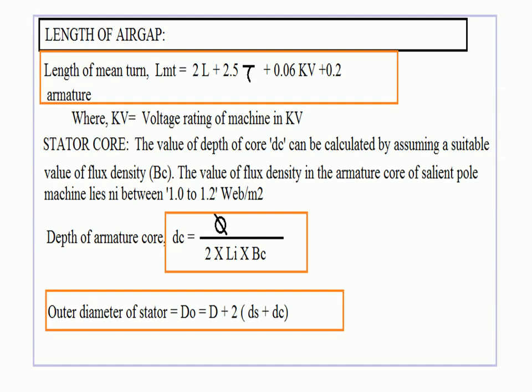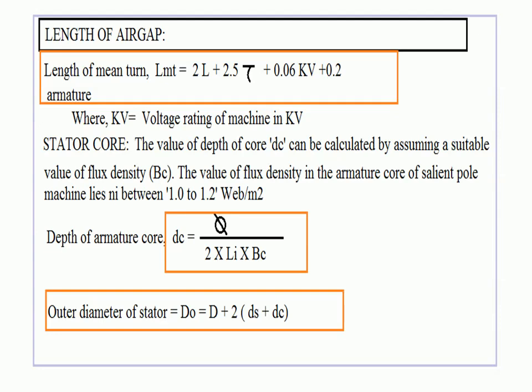For the stator core, the value of depth of core, abbreviated Dc, may be calculated by assuming a suitable value of flux density in the core, referred to as Bc. The value of flux density in the armature core for a salient pole machine lies between 1 to 1.2 Weber per meter square. Hence the depth of armature core Dc equals, use the expression.